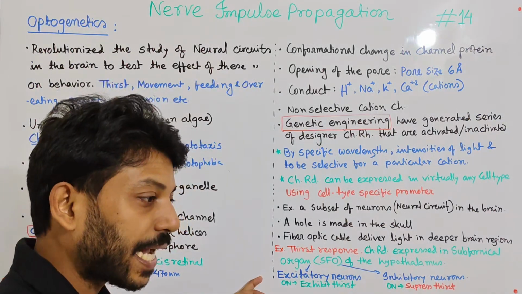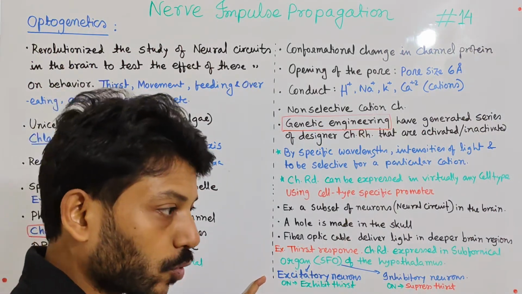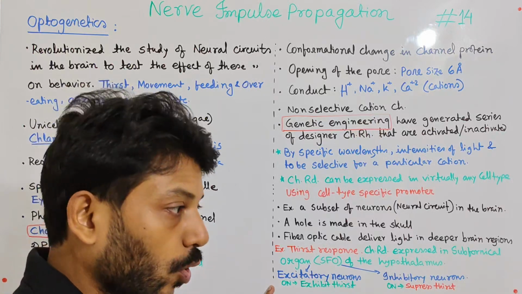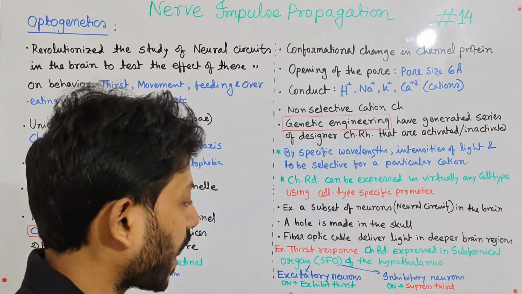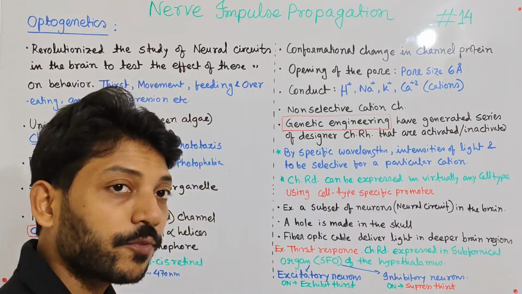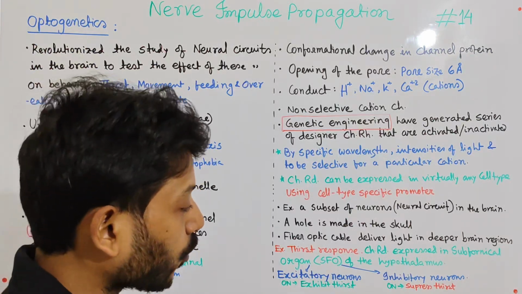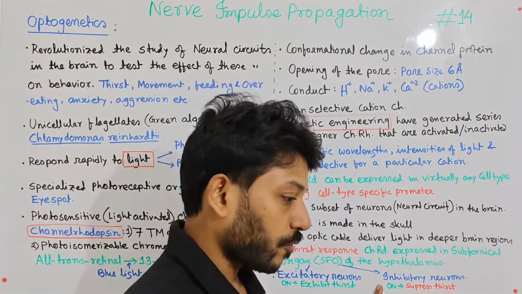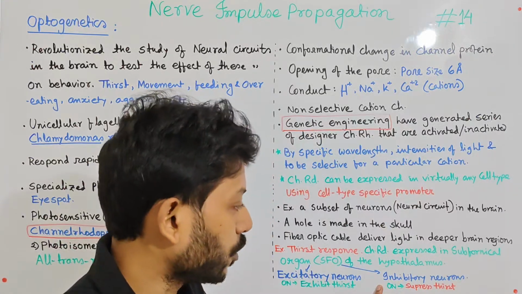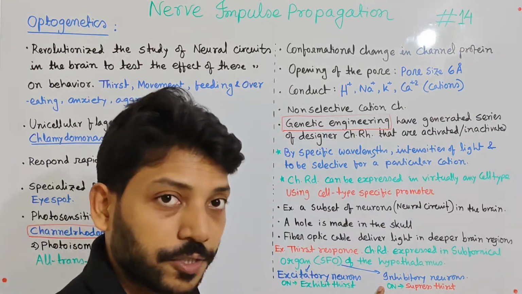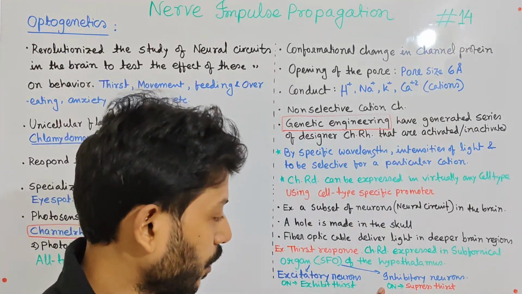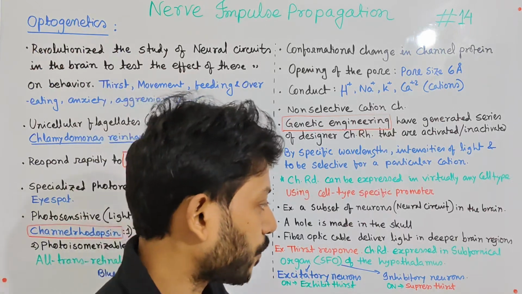When they flashed light on the excitatory neurons, the neurons turned on, action potentials occurred, and the mice exhibited thirst even though all the mice were well hydrated. And when they flashed light on inhibitory neurons, that also activated the channelrhodopsin protein, it opened, and it suppressed thirst.